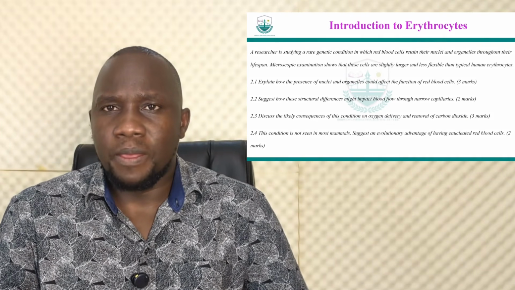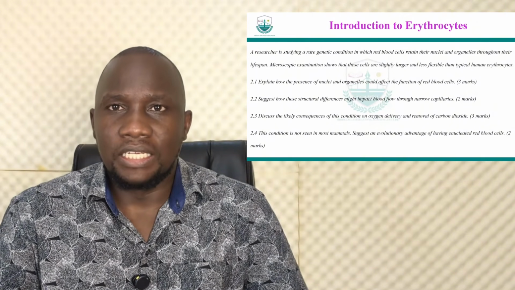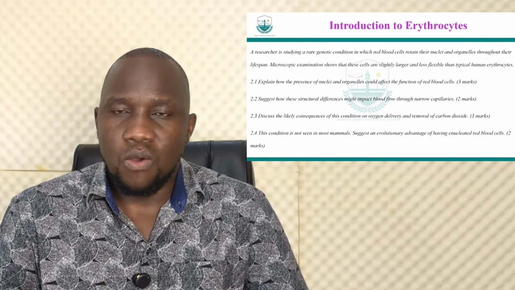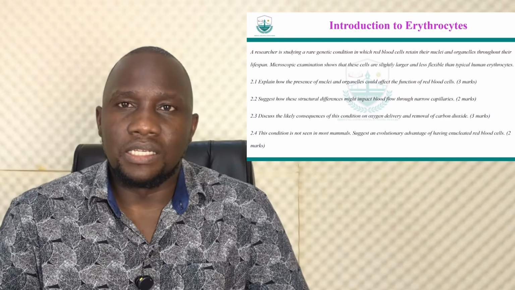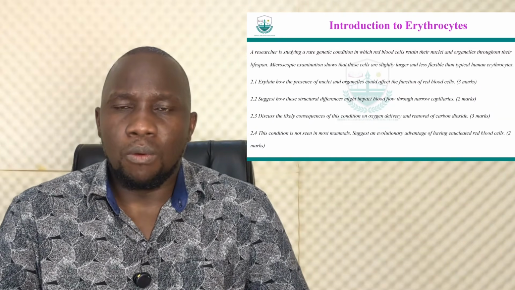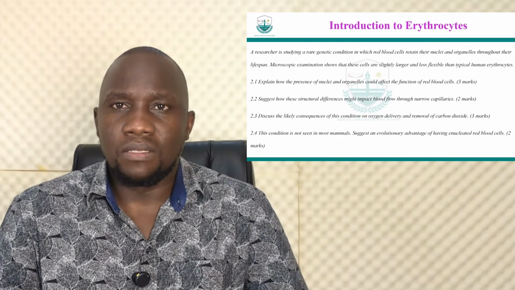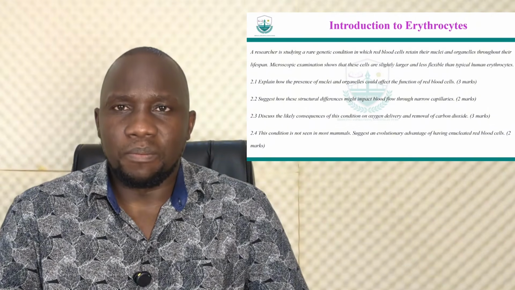So this is an abnormal situation. Ideally, the red blood cells should not have a nucleus and they should not have organelles. Okay, so the point here is, why is it a problem when the red blood cells have a nucleus?